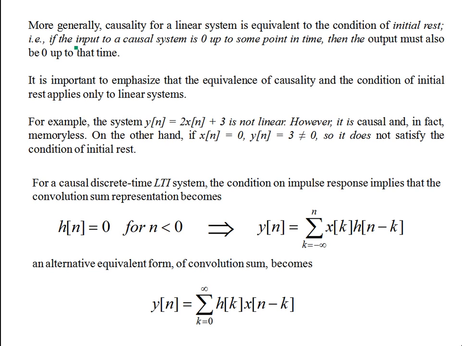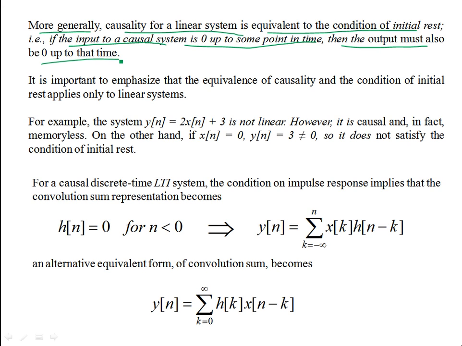So what it means is that, more generally, causality for a linear system is equivalent to the condition of initial rest. If the input to the causal system is 0 up to a certain time, then the output of the system must also be 0 up to that time. That means whatever happens after that time, let's say n naught or t naught, if an excitation or an input is applied, the system is going to respond to that, but it's not going to respond before the input is applied.